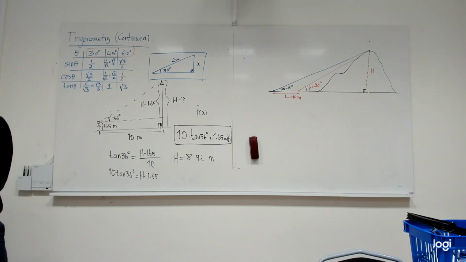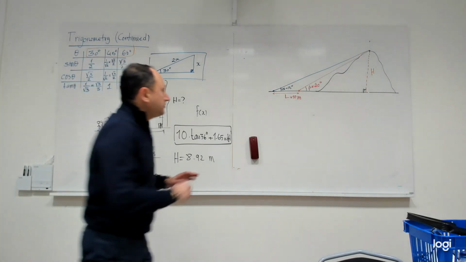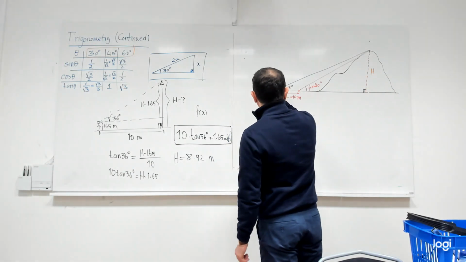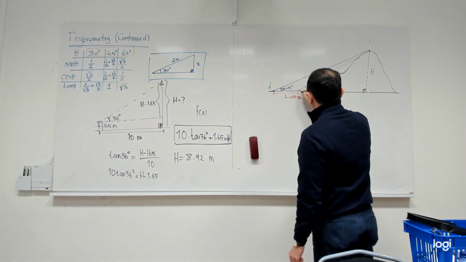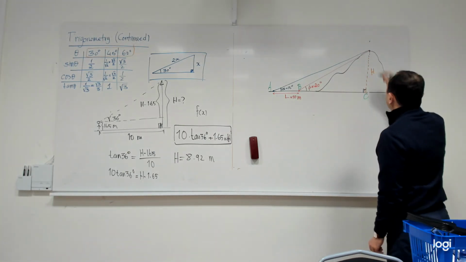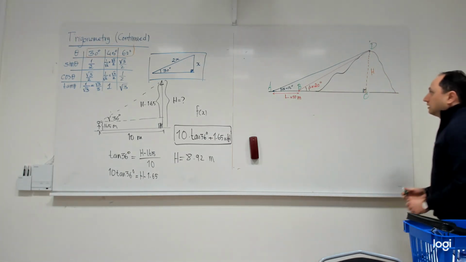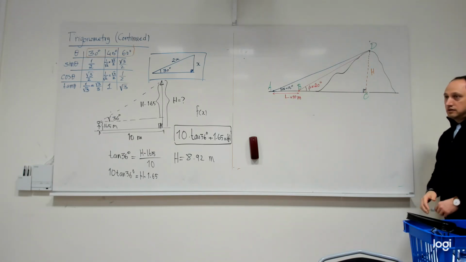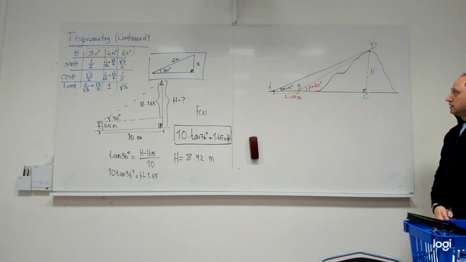By the way, let me give them names so that you are more comfortable. Let me call this one A, let me call this one B, let me call this one C, and let me call this one D. So the line from B to C, I call that L2. Okay.